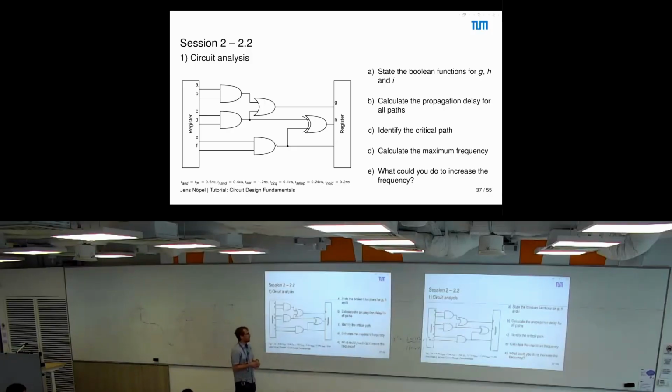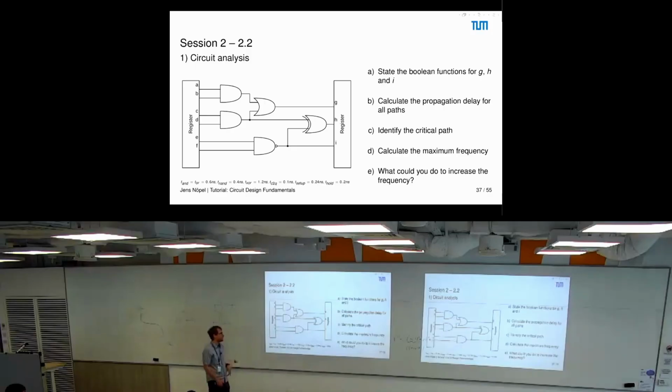What is the logic function for G, H, and I? And then we can think about how much time is needed for a signal to come from here to here, and why is that important?